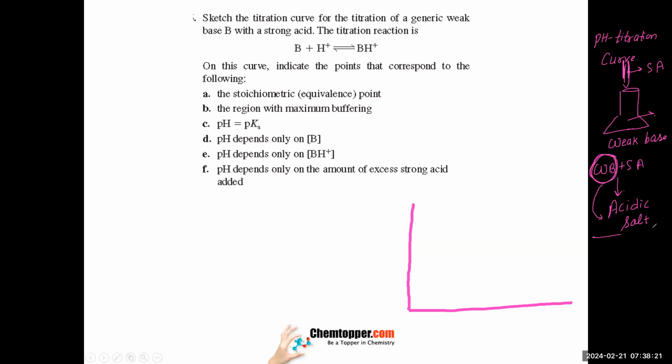So where is the equivalence point if it is the acidic salt? Equivalence point means when there is only salt, no acid, no base. Yes, that pH will be less than 7. pH is less than 7.